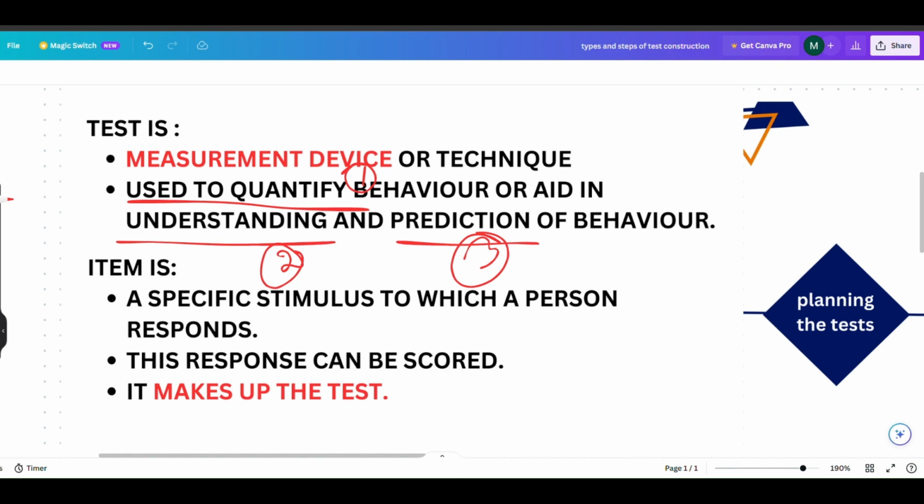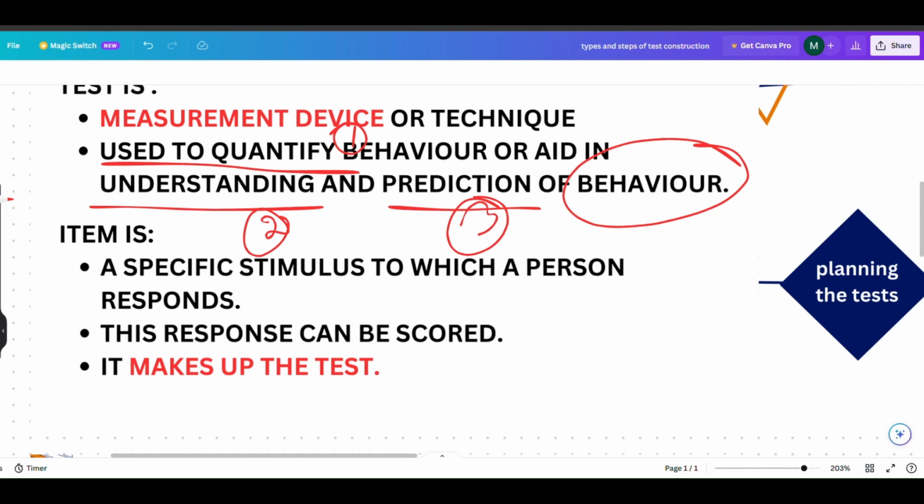We have taken several tests during our school or high school, college. So these tests help in evaluation of what we have learned. These are usually achievement tests, but that is something we will get into later. But test, in simple terms, is a measurement device of anything. In this case, it is behavior.